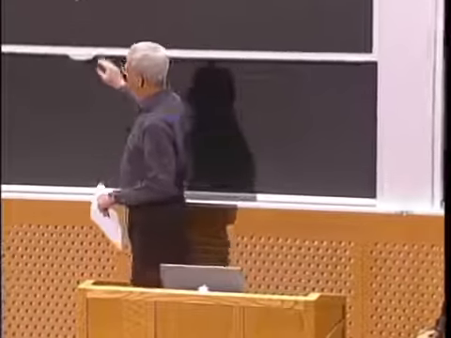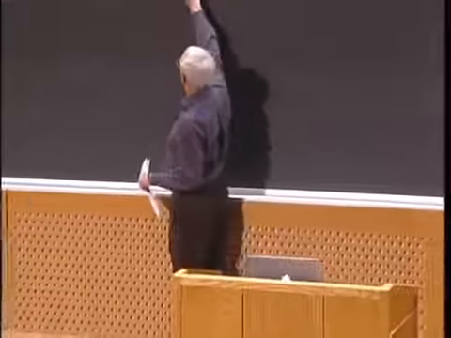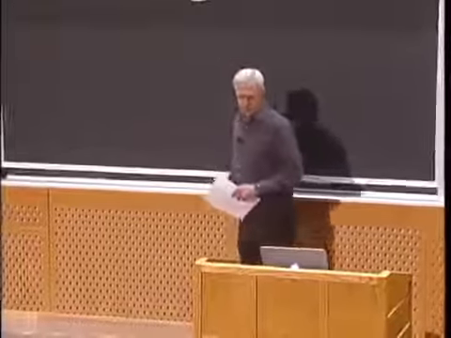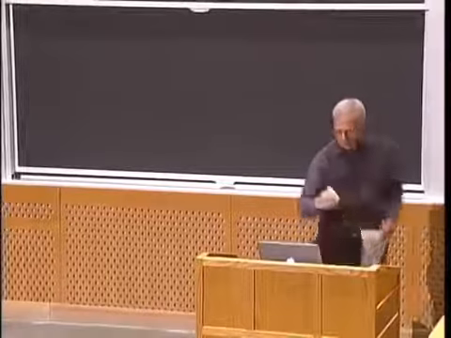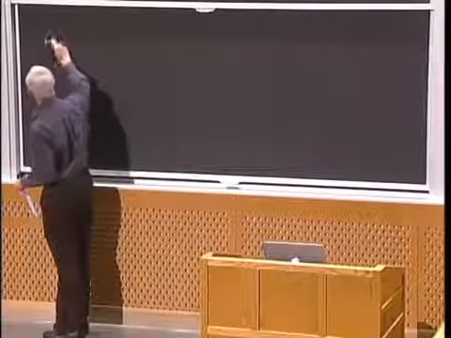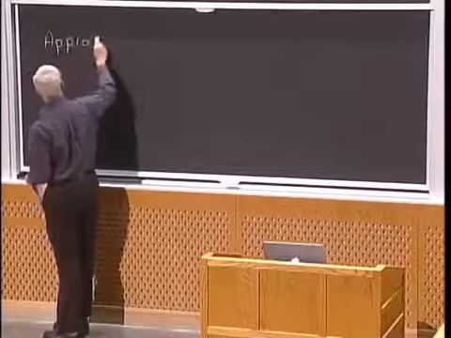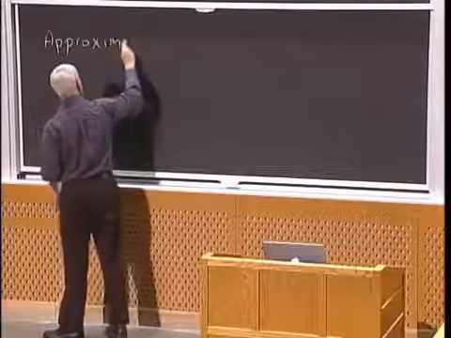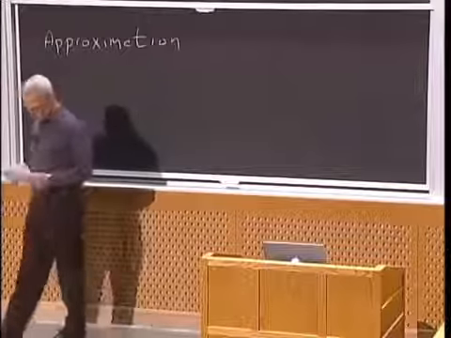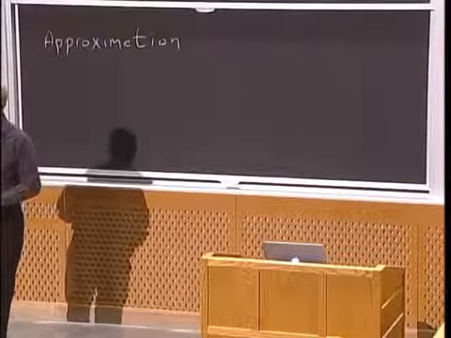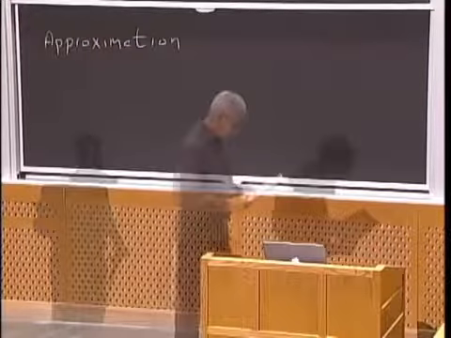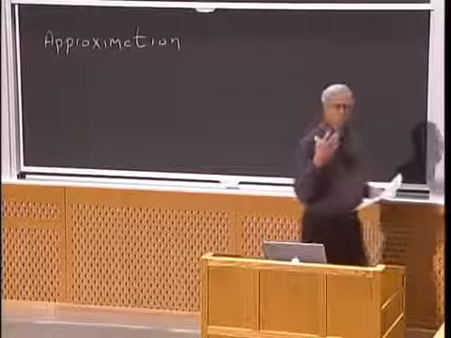So we need to think about a different kind of concept here. And it's the concept of an approximation, finding an answer that is good enough. So what should we do here?